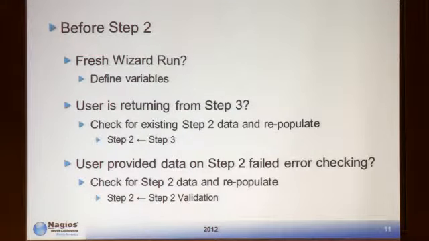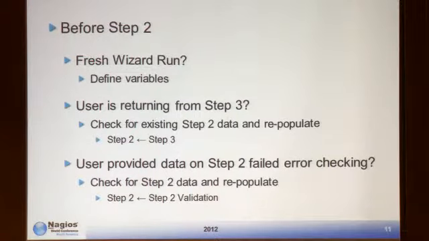But before I talk about step 2, there are a few things to consider. Is this the first time the wizard has been run? If so, we need to define some variables. Or was the user on step 3? If the user was on step 3 and they clicked the back button, then all the information that they provided in step 2 needs to be repopulated because no one likes having to choose their options again.